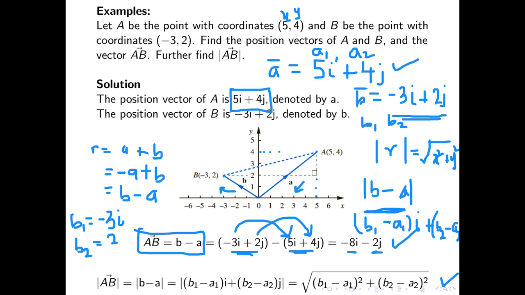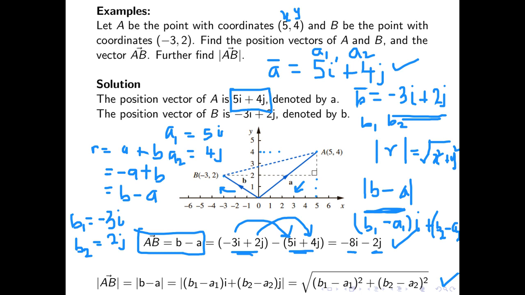Okay, same thing. a1 is 5i, while a2 is 4j. So you can simply substitute this into the equation which we have here.